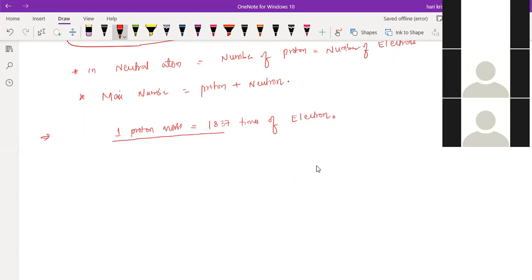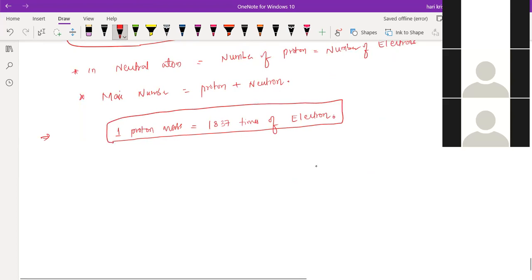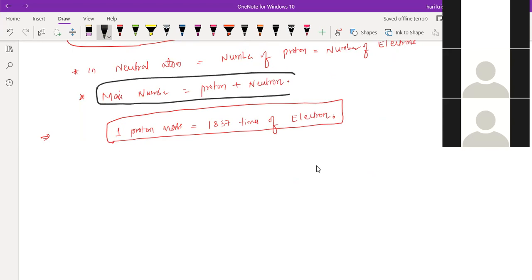So in comparison to the mass of protons and neutrons, the electron mass is very small, so the mass number is equal to the number of protons plus the number of neutrons.